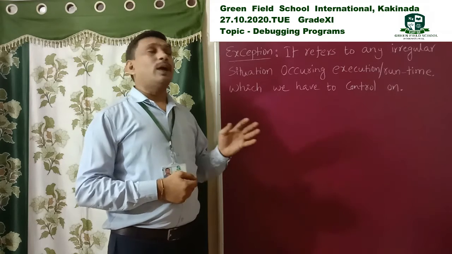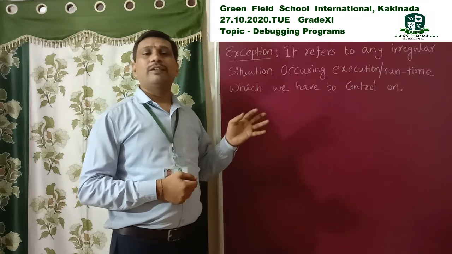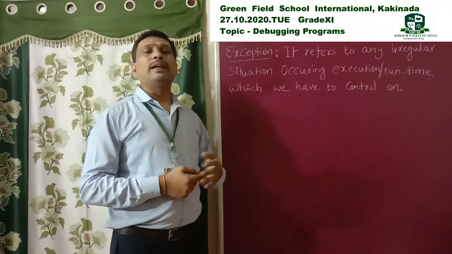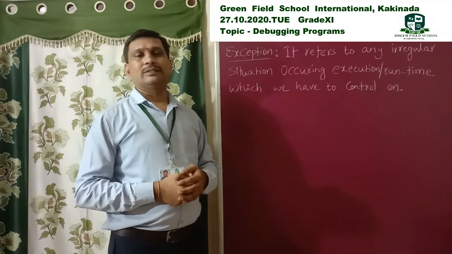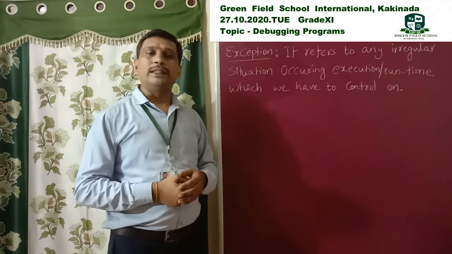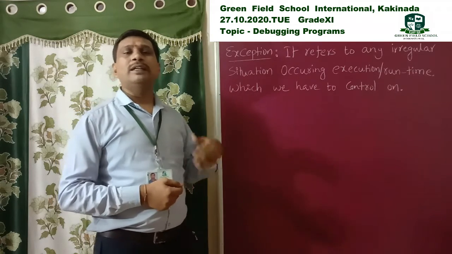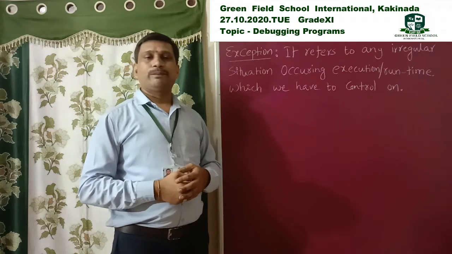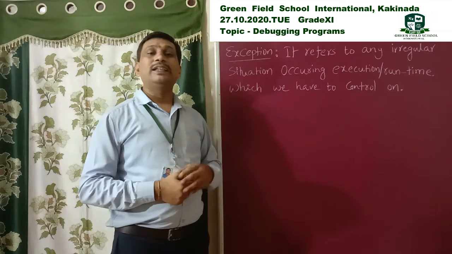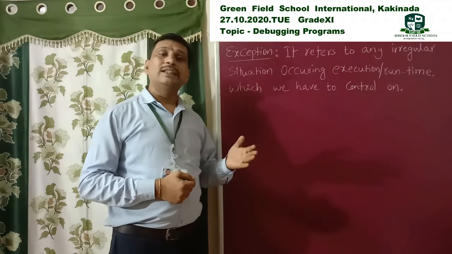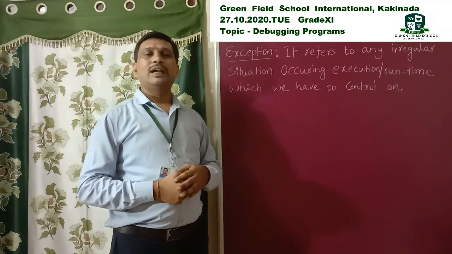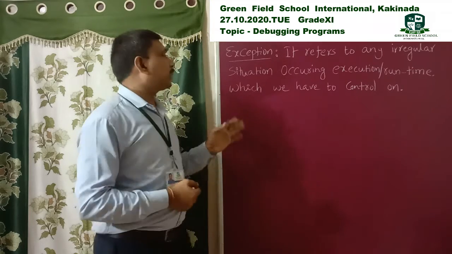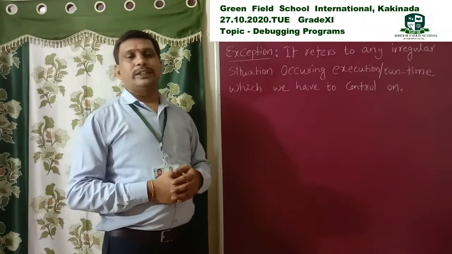To handle this type of error, meaning exceptions, we implement exception handling. It is one of the important topics in programming languages. Exception handling is a topic in every programming language, that is C, C++, Java, like in our Python also. So an exception is an irregular situation.